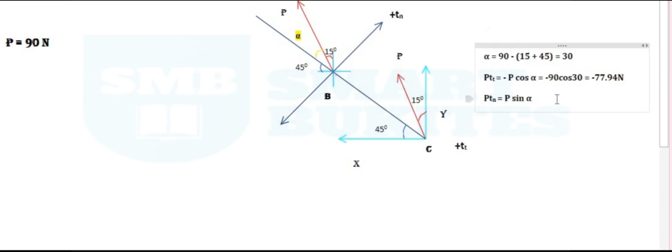As for our PTN, it's on the positive side of the TN axis, so we simply multiply our 90 newtons and our sine 30. Now sine 30 is equal to 1 over 2, so 90 multiplied by 1 over 2 will give us 45 newtons, and that's that for our axis parallel and perpendicular to BC.